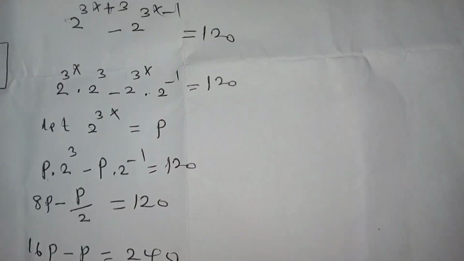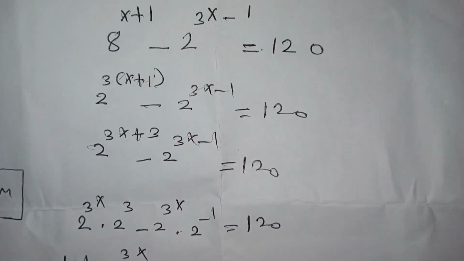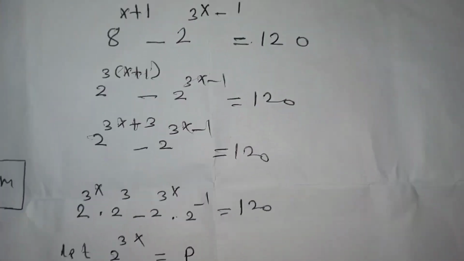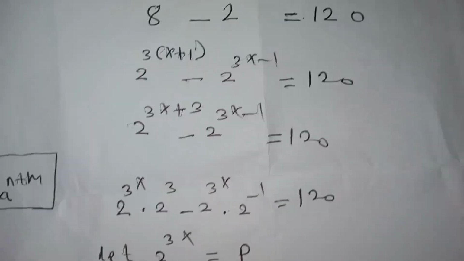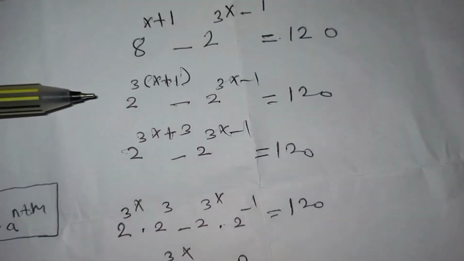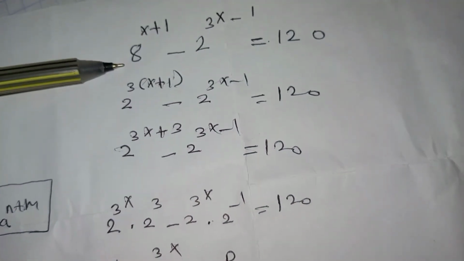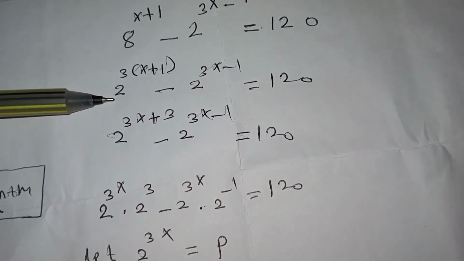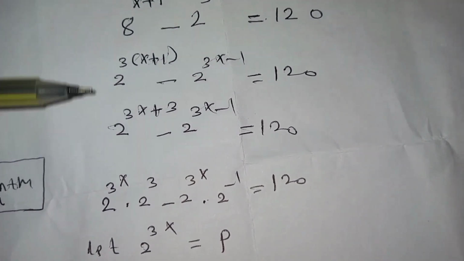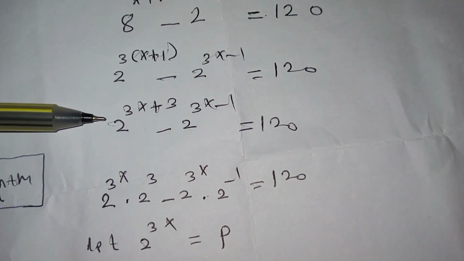So in this video, we were required to solve for x, and the first thing which we have done was to write 8 in terms of 2. 8 is the same as 2 power 3. Then here we removed the bracket.